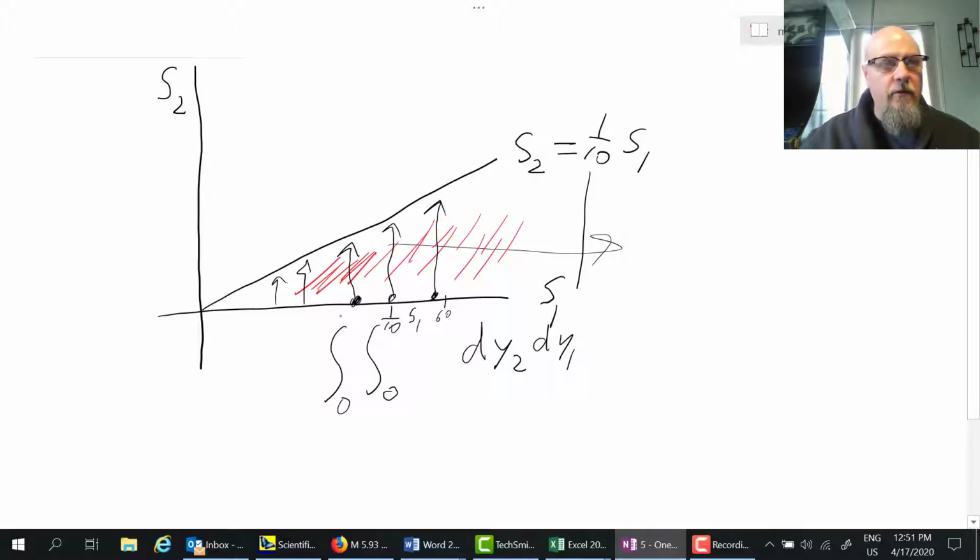Is that a good choice? $1,000? You should experiment with that. Run it with a couple of things. But I'm going to pick 100, and that's a choice I make. So I'm only integrating in this triangular region.